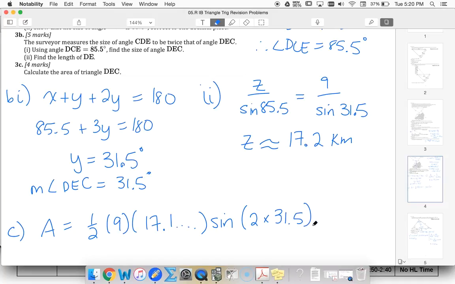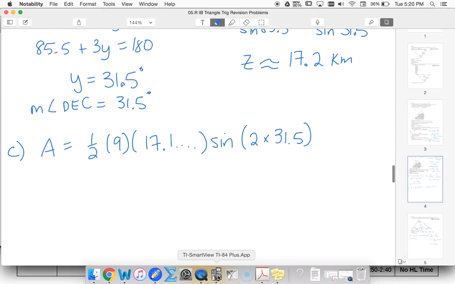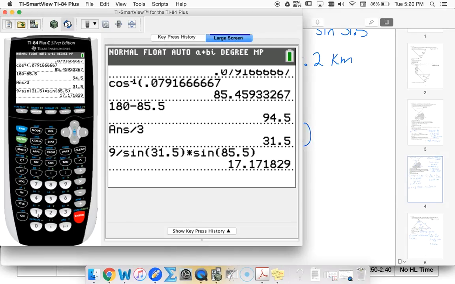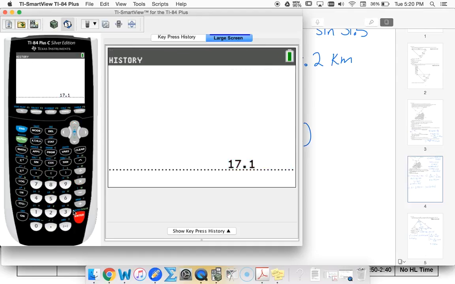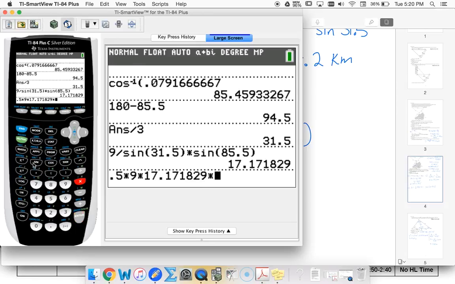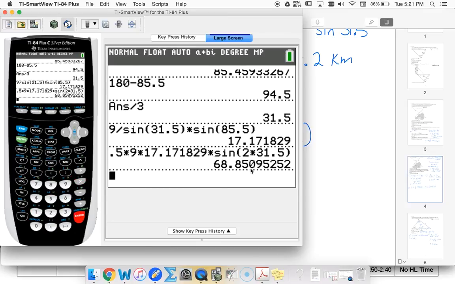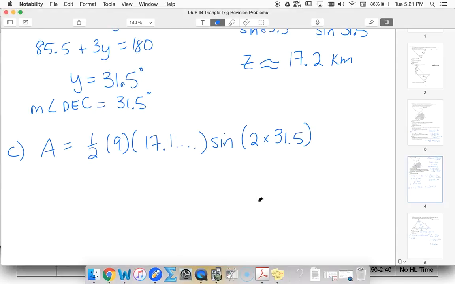All right, let's put that into our calculator. So a half times 9 times this side times sine of 2 times 31.5, and I get 68.9 square kilometers.